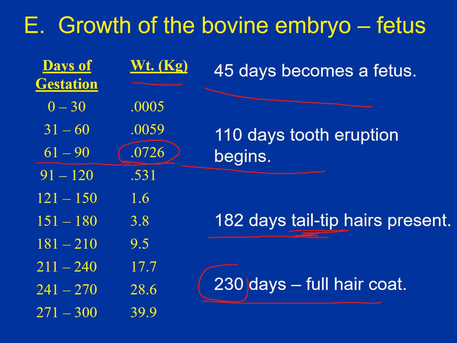The whole idea here is that during the first 3 to 5 months, the nutritional requirements of the mother really don't increase very much because the fetus is just growing at a slow rate. But during the last trimester, as the fetus is growing faster, we want to increase the nutrients that we give that mother, because the mother is eating for 2, or maybe eating for a dozen in the case of litter-bearing species.